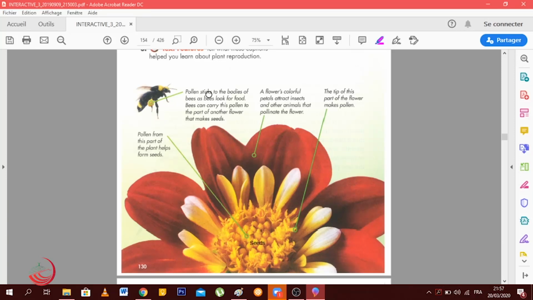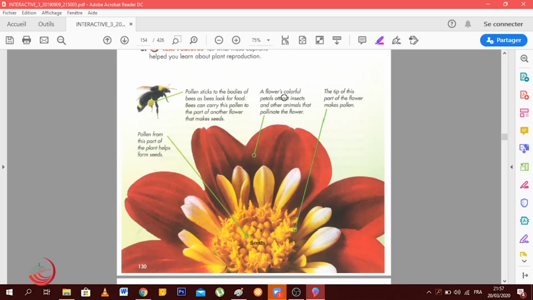Pollen sticks to the bodies of bees, and as bees look for food, bees can carry this pollen to the part of another flower that makes seeds. So it takes it from one flower to another flower to another flower.